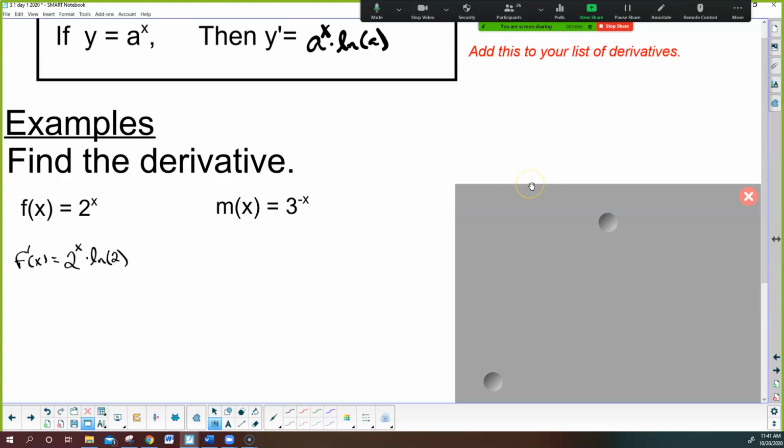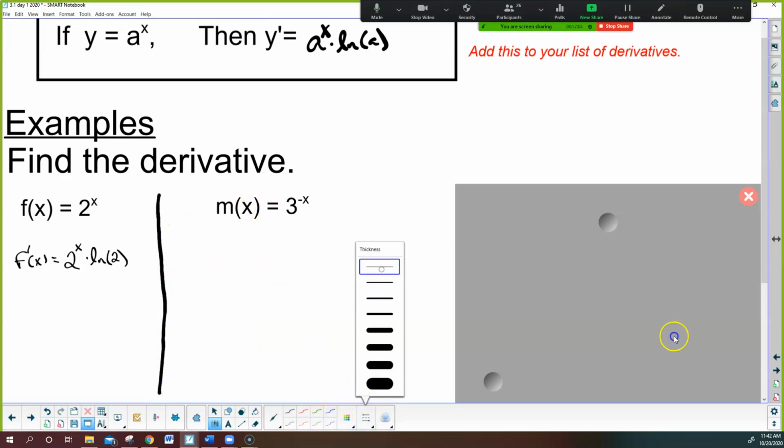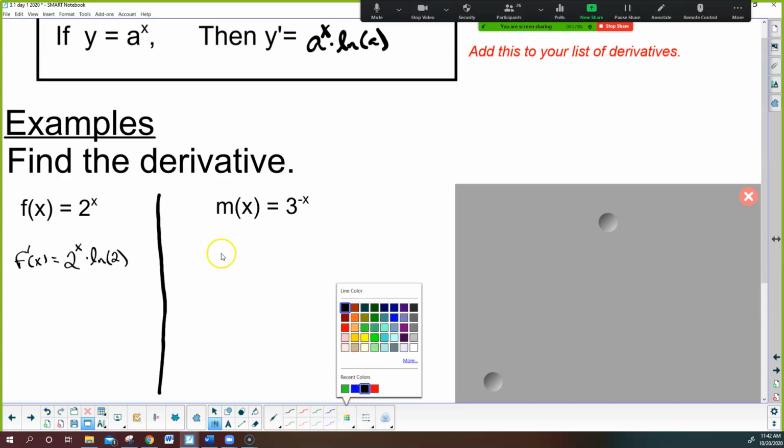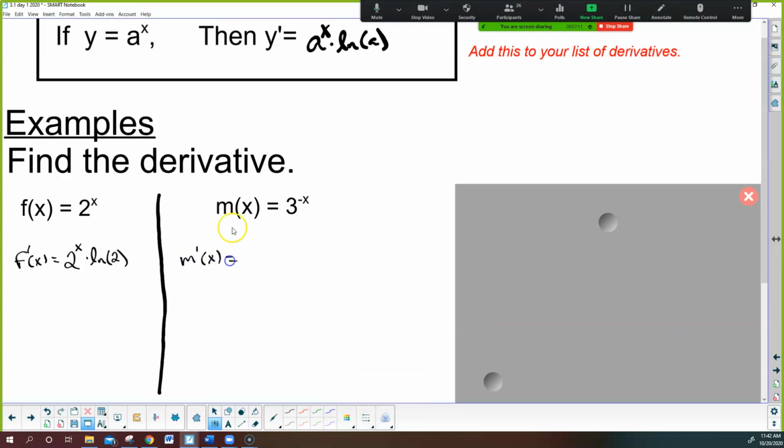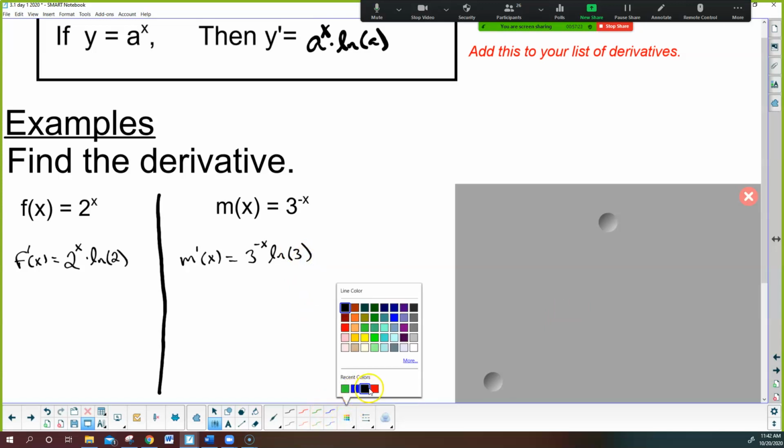This one is a little different, and it's different because of the negative. So we actually have to use the chain rule here. Right? The derivative of m of x is going to be exactly the same. So 3 to the negative x times the natural log of the base. But now we have to do the chain rule.